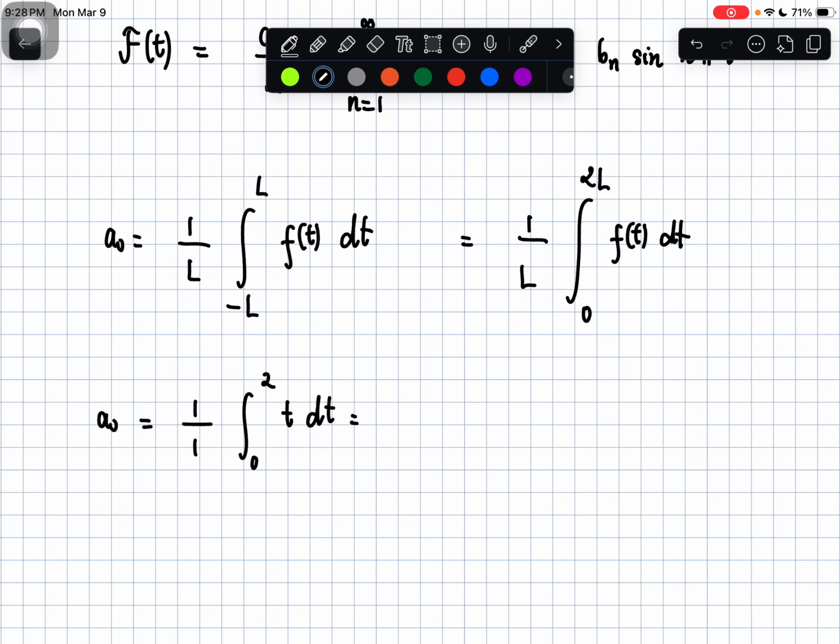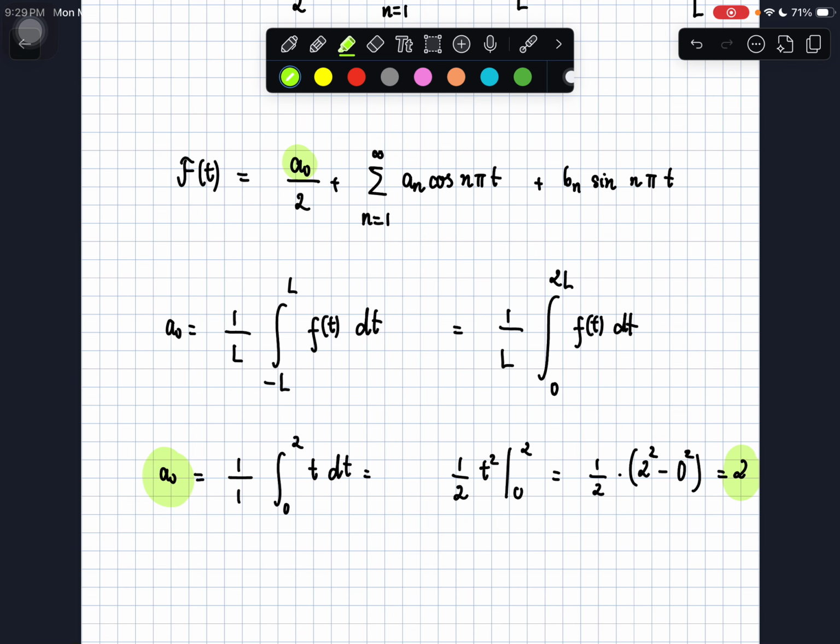So 1/2 t squared from 0 to 2, which is 1/2 times 2 squared minus 0 squared. So a0 equals 2. We computed the first coefficient.